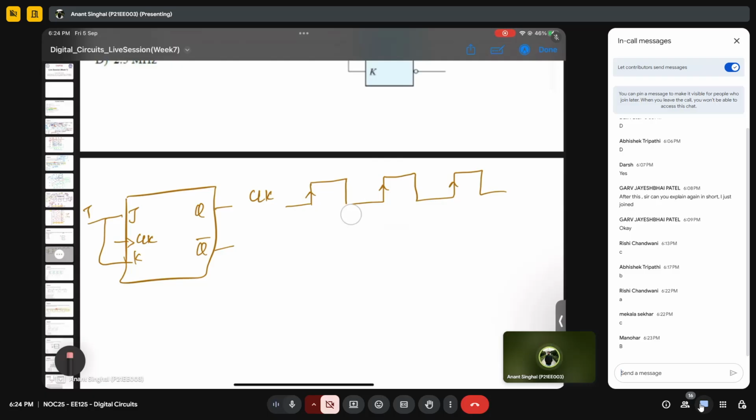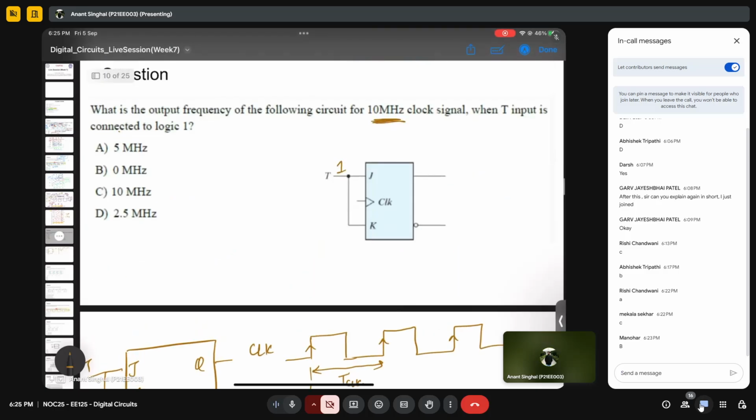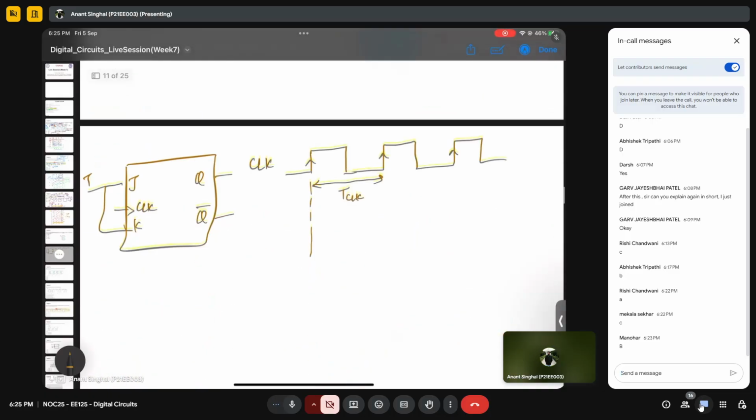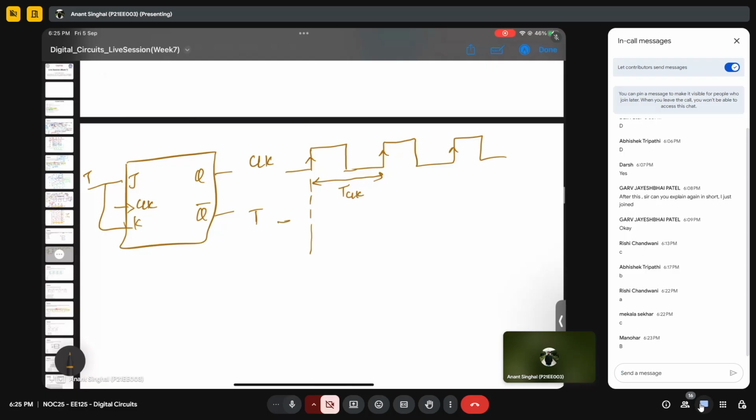This is the time period of this clock, let's say T clock. Now the question says, what is the output frequency when the T input is connected to logic 1? So T, the question says, is always 1, right?